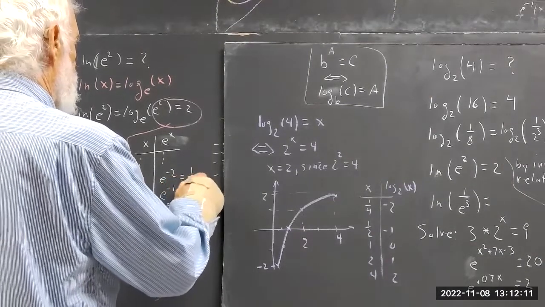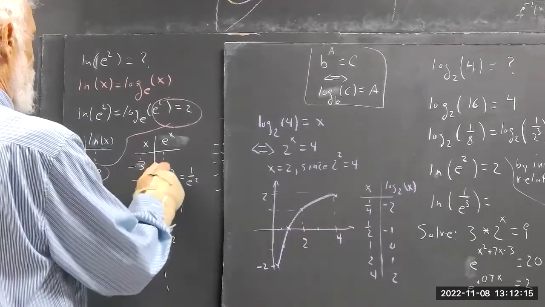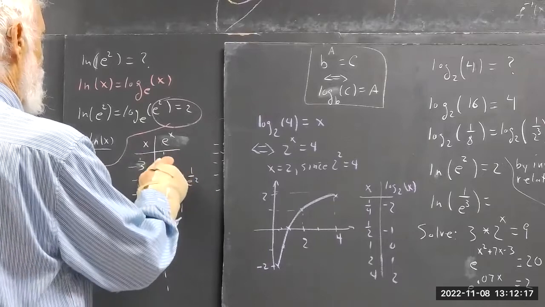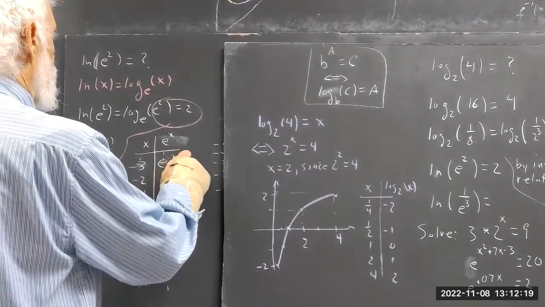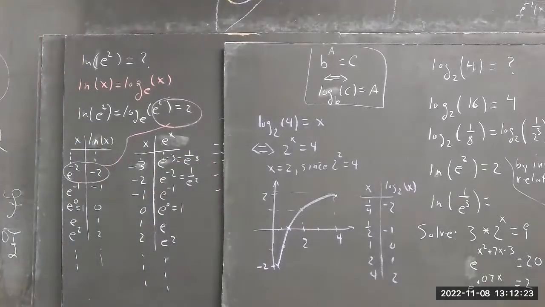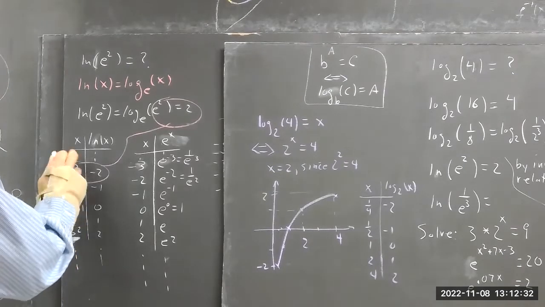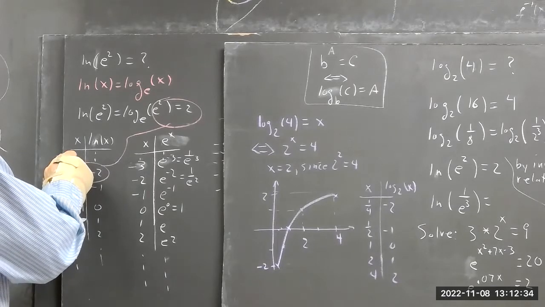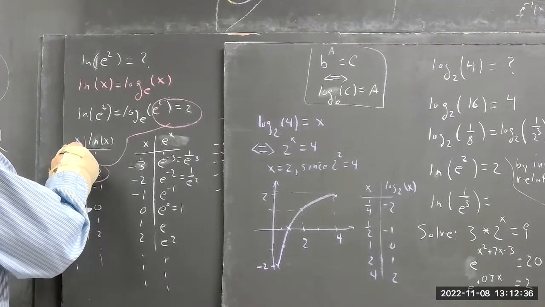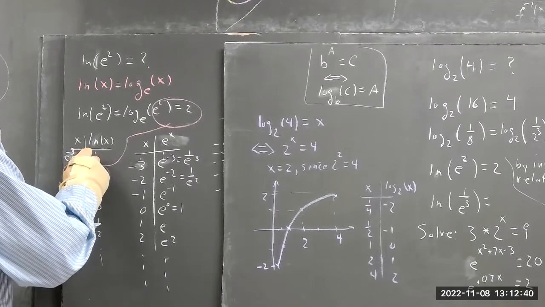It's 1 over e squared, right? If I had a negative 3 in this table, I'd get e to the negative 3, which is 1 over e cubed. So where I've got e to the negative 2 here, that is 1 over e squared. And if I went up to here, I'd have e to the negative 3, which is 1 over e cubed.